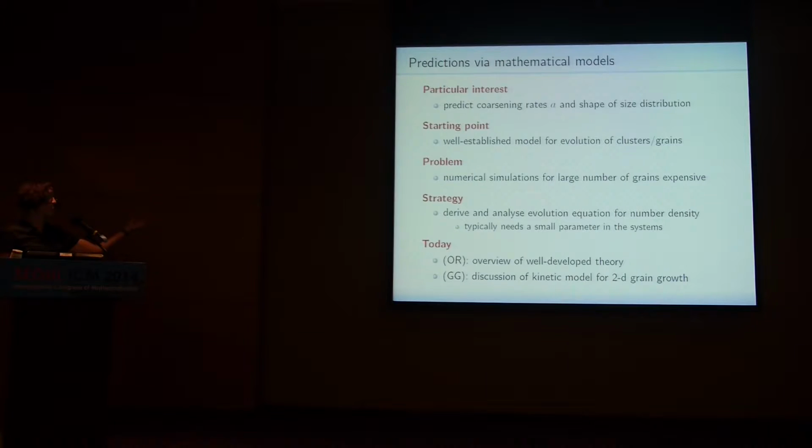In principle, for these blue, respectively red curves, we want to derive an evolution equation and see whether, for given initial data, the solution converges to a stationary state after rescaling. And as probably most of you know, in order to derive rigorously, or at least self-consistently, such an equation, you typically need a small parameter in the system. We will see how that comes in one of our examples.